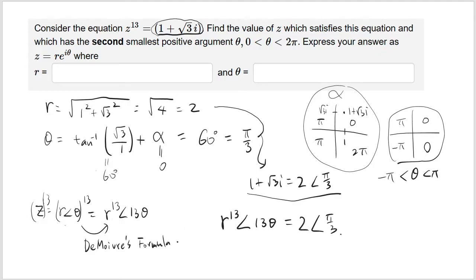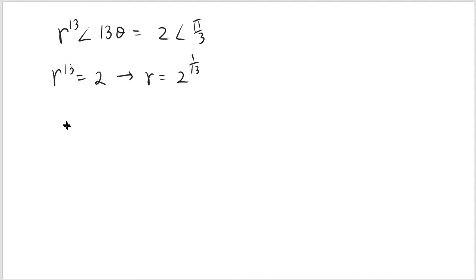What does this mean? It means that r to the 13 is equal to 2, which gives you that r must be 2 to the 1 over 13th power, and 13 theta is equal to pi over 3, which gives you that theta is pi over 39.